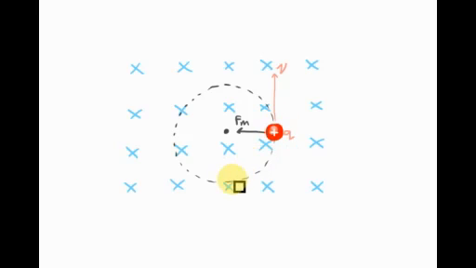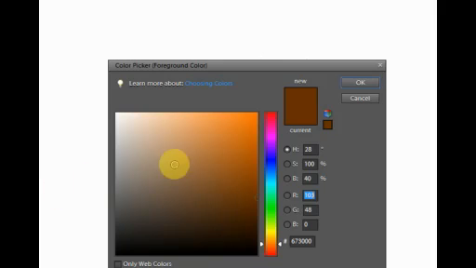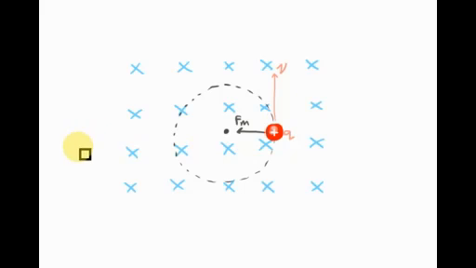So we have this positive charge, this particle, and it's in a magnetic field. And this magnetic field is moving away from us. So it is going away from us like so. Alright, so we have our particle, and the velocity is in this direction, upwards for us.